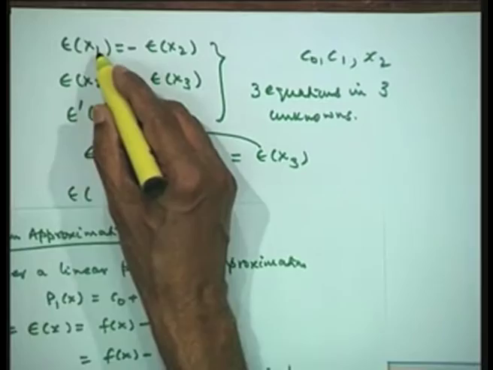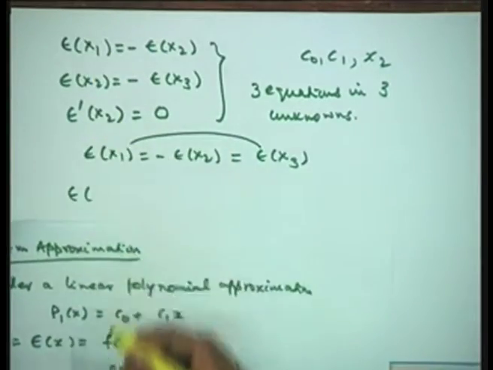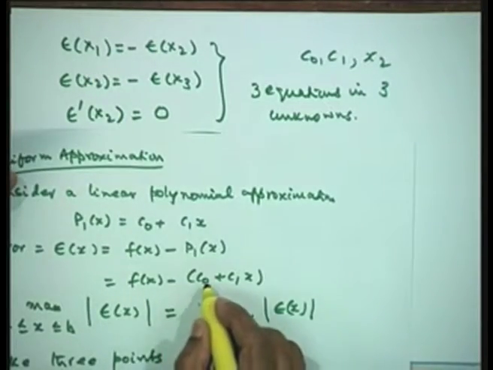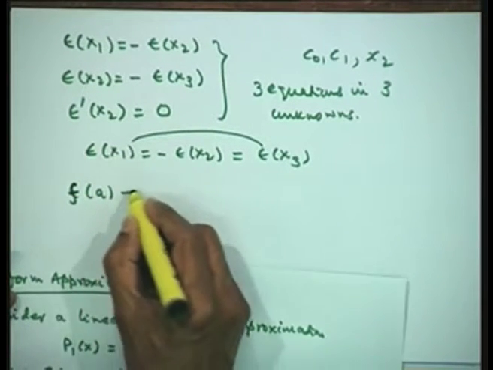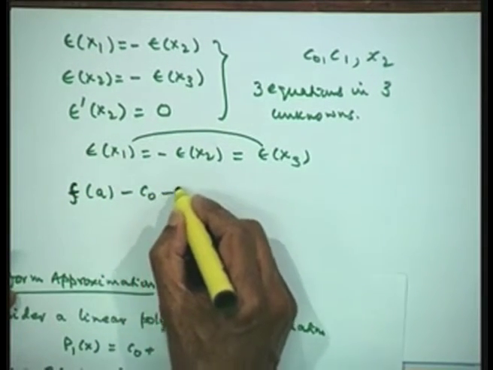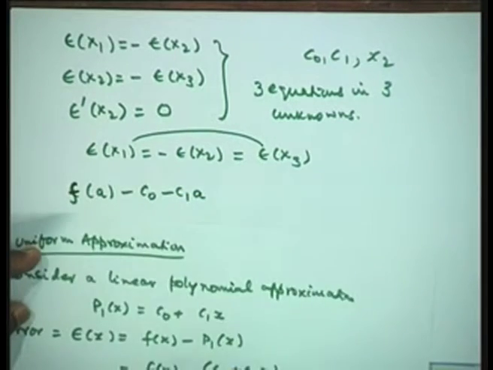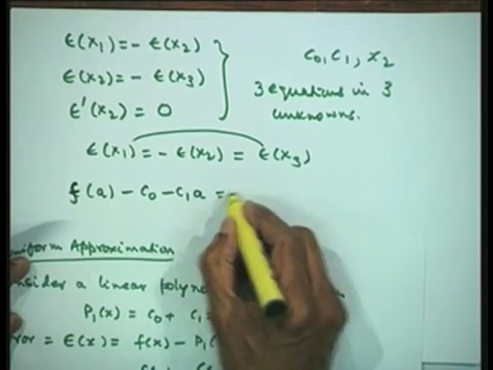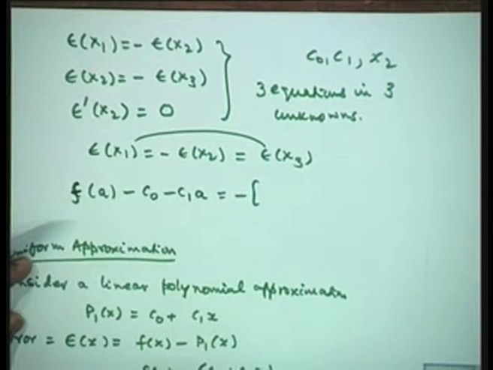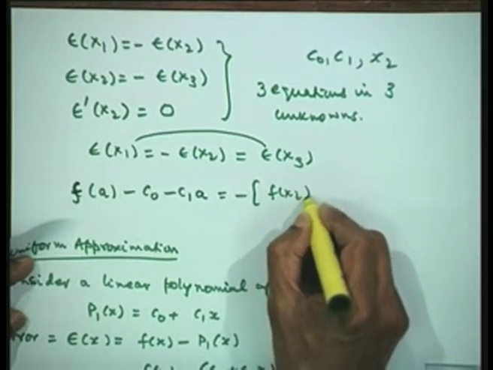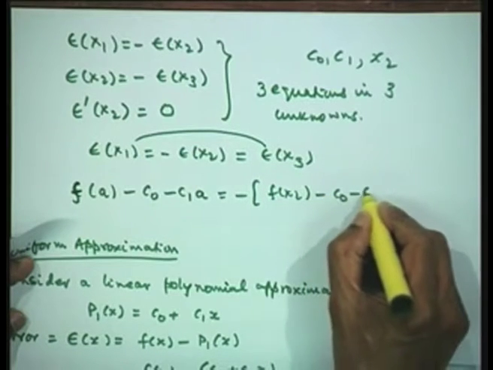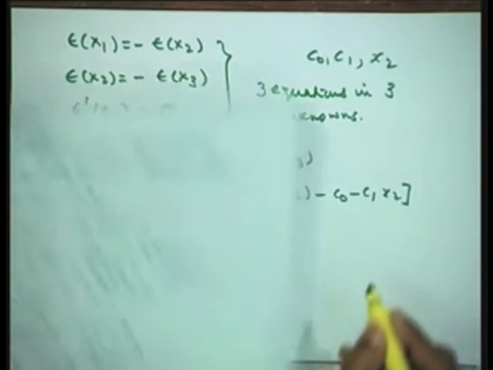I am substituting epsilon x 1, that is x 1 is equal to a. So, that is f at a minus C naught plus C 1 at a. So, I will take it as f at a minus C naught minus C 1 at a, that is this. On the right hand side I have epsilon at x 2. So, this will be f of x 2 minus C naught minus C 1 x 2.